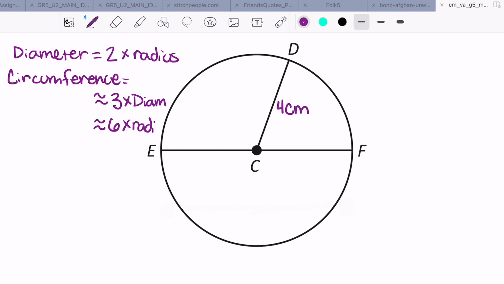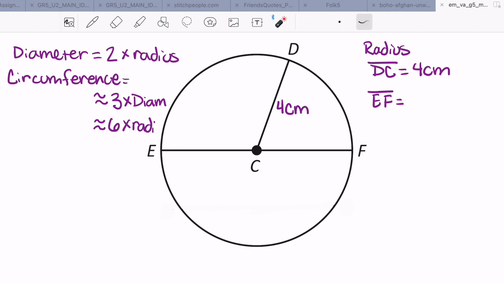Okay, so here our radius is going to be 4 centimeters. So DC is equal to 4 centimeters. So we want to figure out what EF is equal to. EF is going to be our diameter.